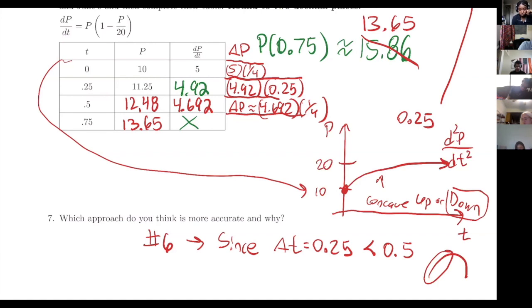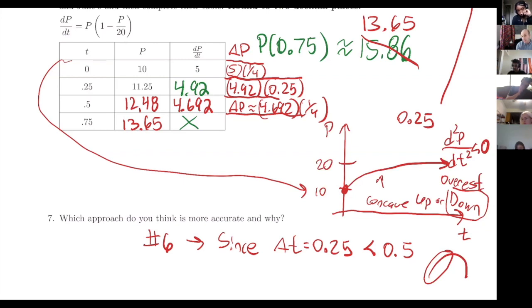So when something is concave down, the second derivative happens to be negative, in case you're curious about that. This has some effect on whether our estimate is going to be an over or an underestimate. When our graph is concave down, our estimate is always going to be an overestimate.